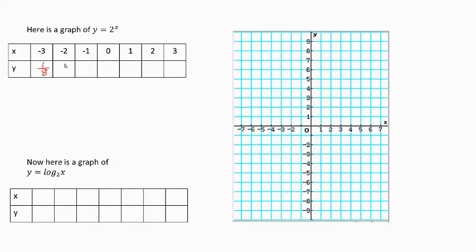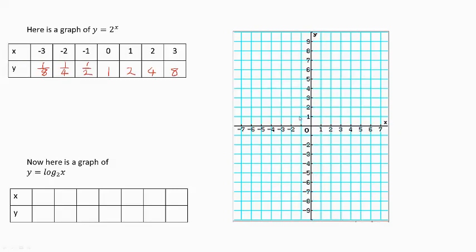The next one, 1 over 2 squared, which is 1 over 4. When x is minus 1, that's 1 over 2, 1 half. When x is 0, 2 to the power of 0 is 1. Then we go 2, 4, and 8.